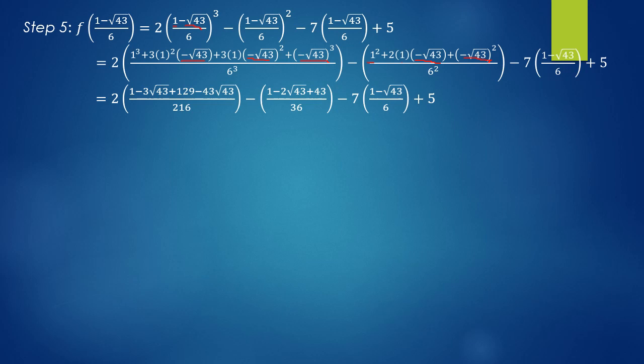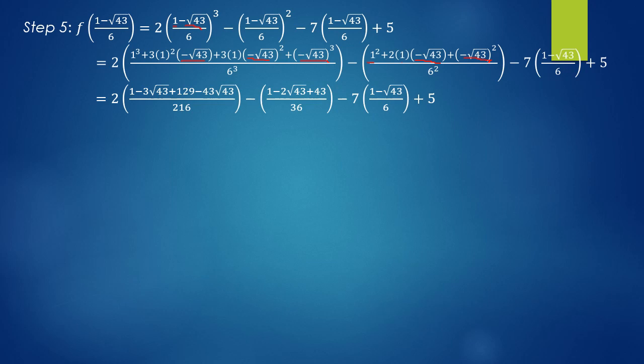And then the square of negative square root of 43 is 43, and then multiplying it by 3, we get 129.